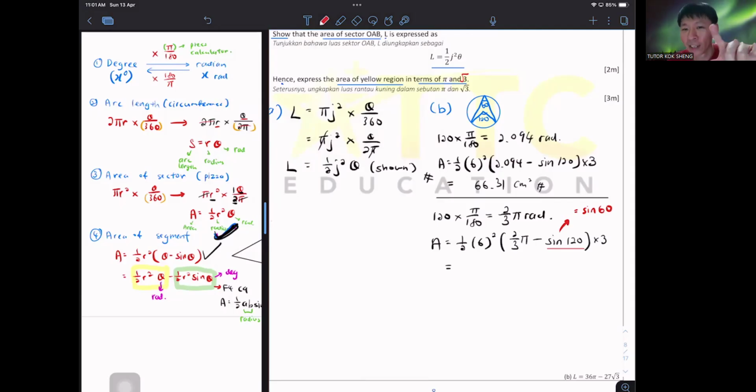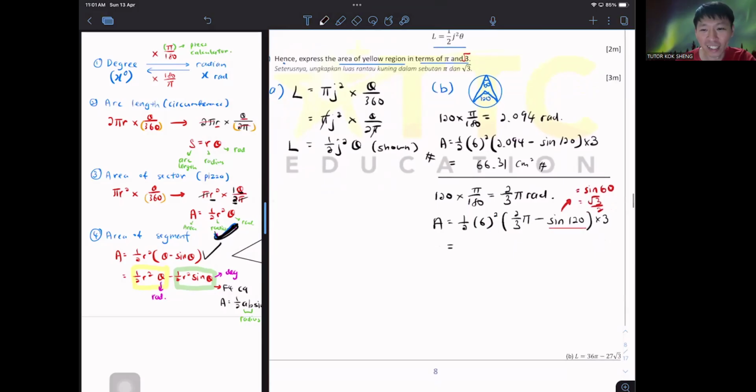Maybe you still remember that sine 60 equals square root 3 over 2. Yeah, because they want to keep the surd form also. This one 3 marks, double it.